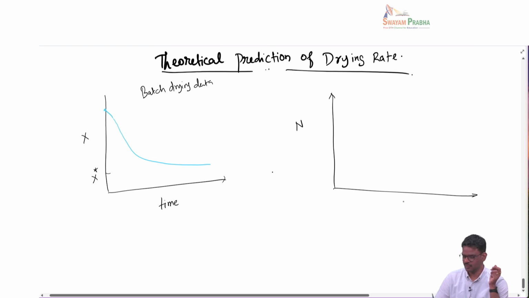Drying rate is plotted as a function of the moisture content. We saw that there is a constant drying flux, which we call constant rate drying, and then there is a falling rate.